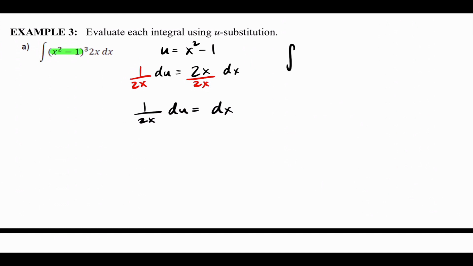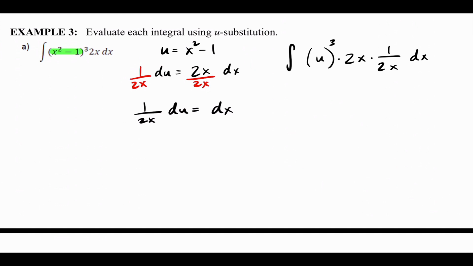So anywhere I see an x squared minus 1, I'm going to put a u. 2x, I just have to put 2x. dx, what is dx equal to? So that's what I'm going to put. Instead of dx, I'm going to put 1 over 2x du.